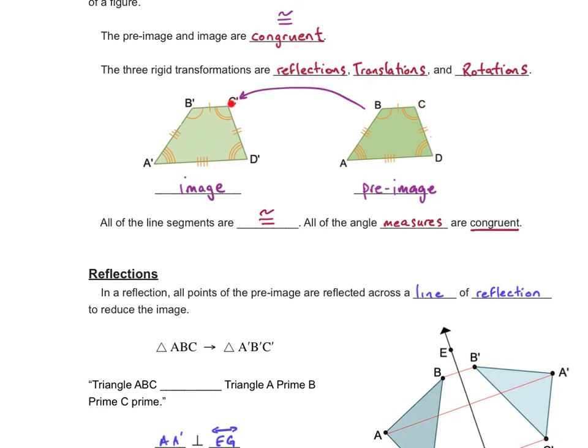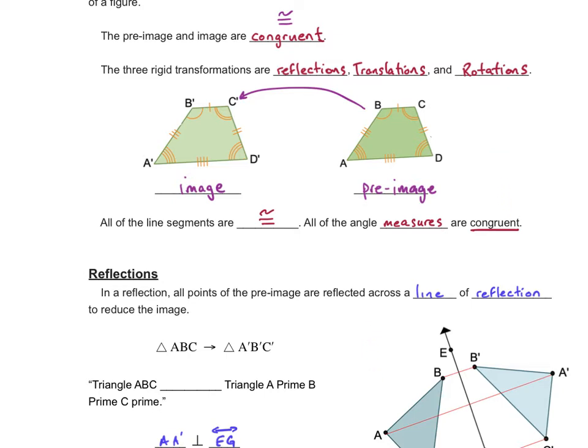C maps to C prime, and C has two congruency markers, and C prime has two congruency markers. Segment AB maps to A prime B prime, and it has three congruency markers, and over here A prime B prime has three congruency markers. So we're showing that mapping to show what corresponds.